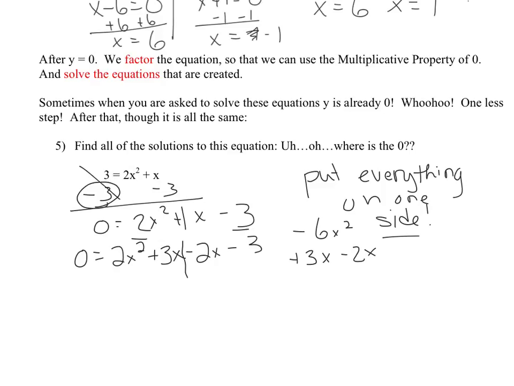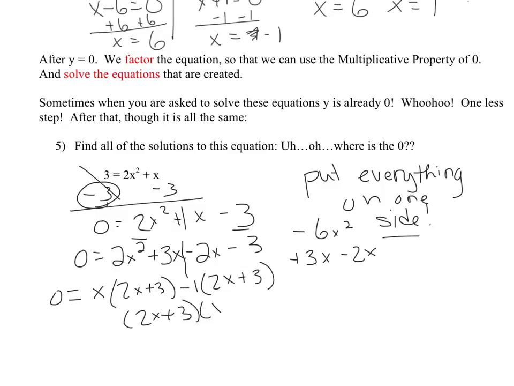Okay, then we factor by grouping. So the GCF there is x, and we're left with 2x plus 3. The GCF here is -1, and we're left with 2x plus 3. So 2x plus 3 and x minus 1 are our factors.